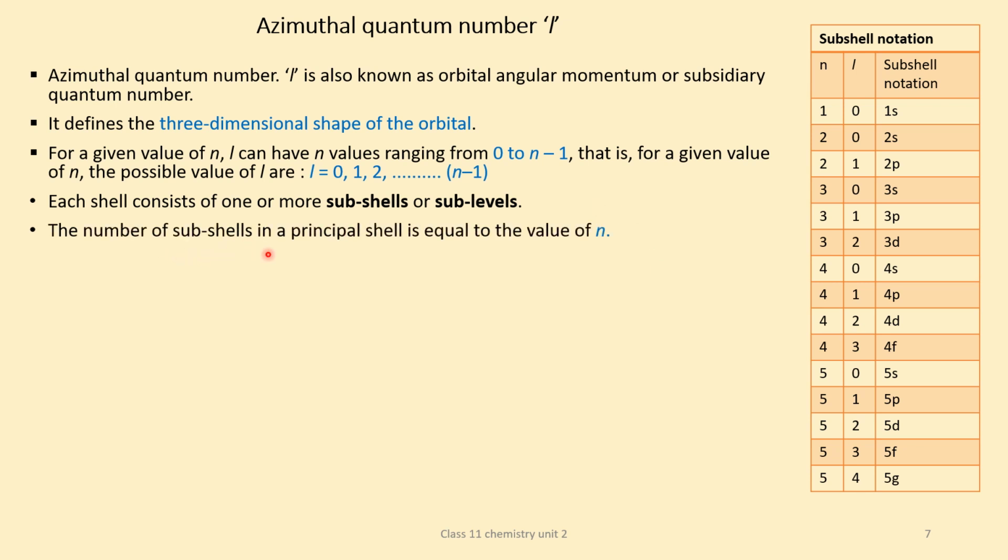The number of subshells in a principal shell is equal to the value of n. So if n is equal to 1, the number of subshells is 1. And if n is equal to 2, the number of subshells is 2. See, this is one and this is another one, and so on. It conveys the information about the relative energies of the subshells.